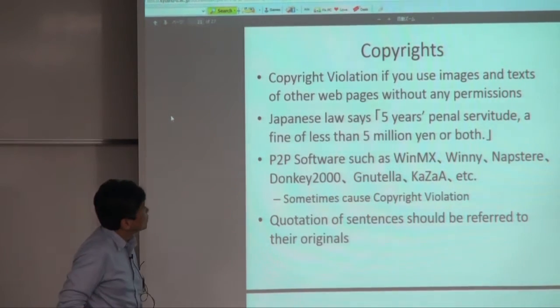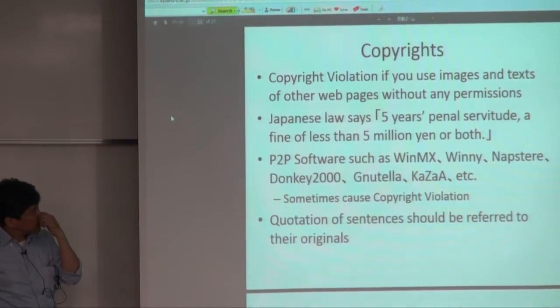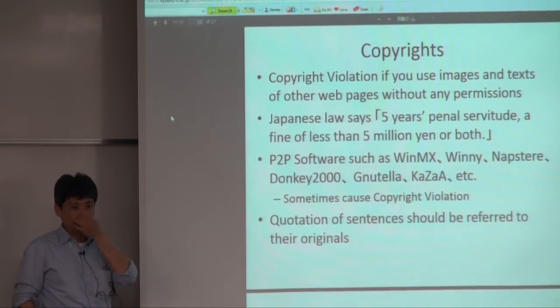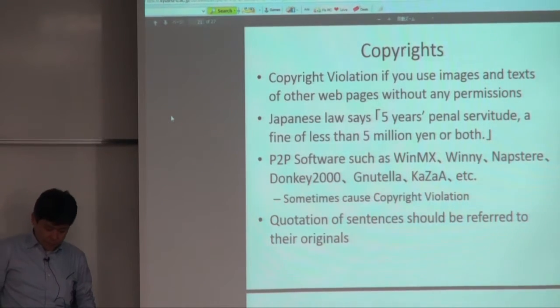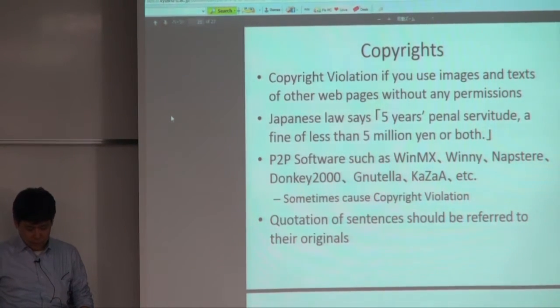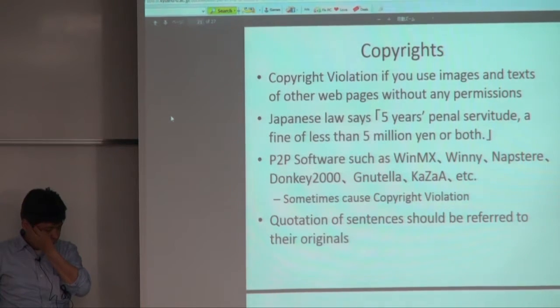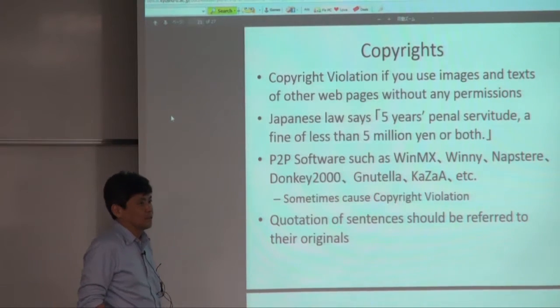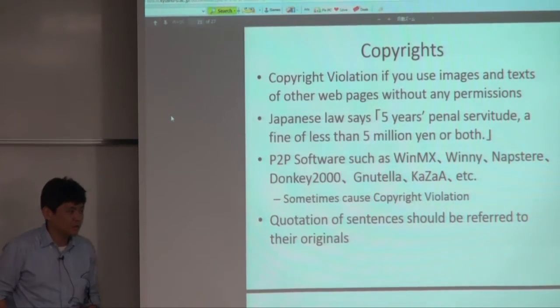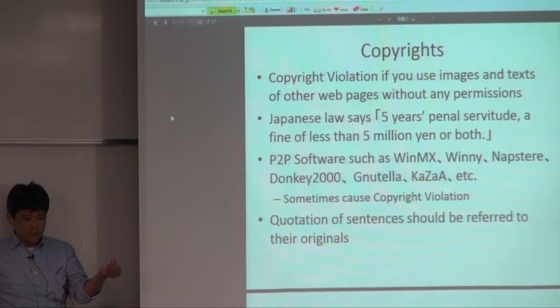Another important topic is copyright. Of course, even when not using the internet, you must always consider copyright when using any document, image, or material originally made by another person.